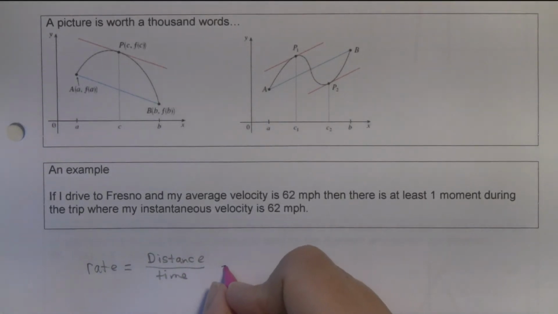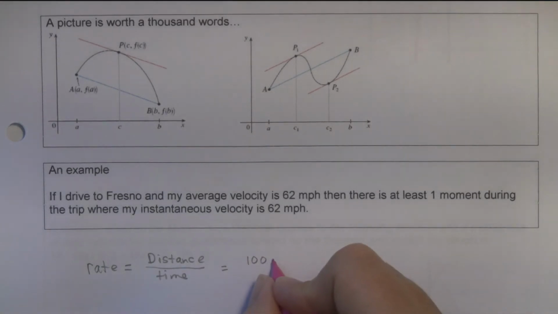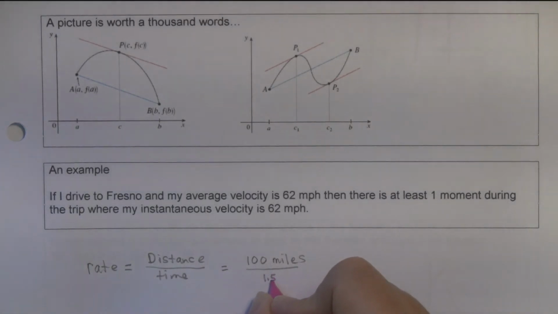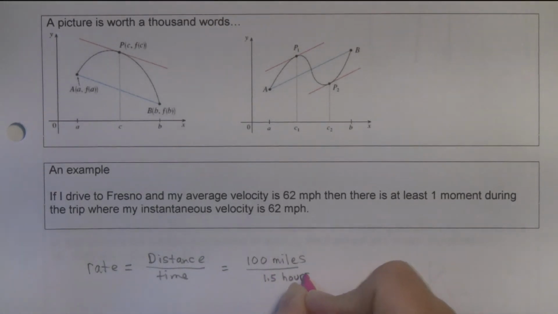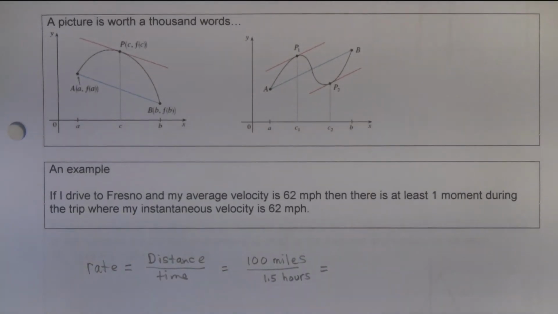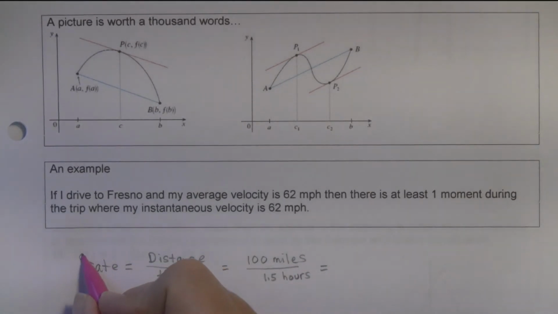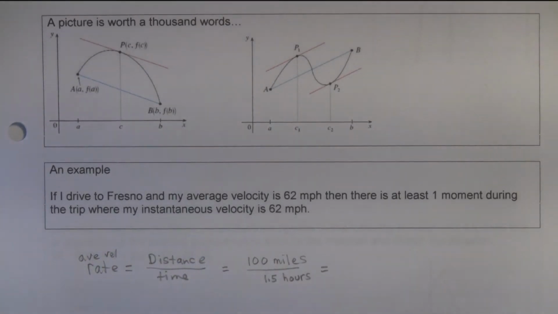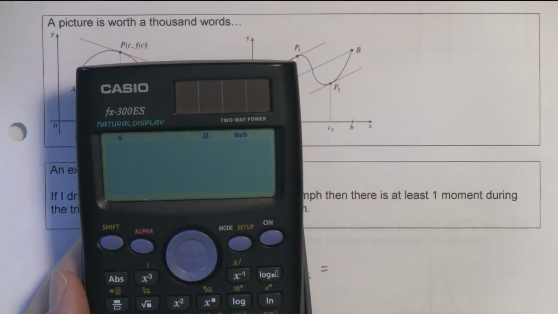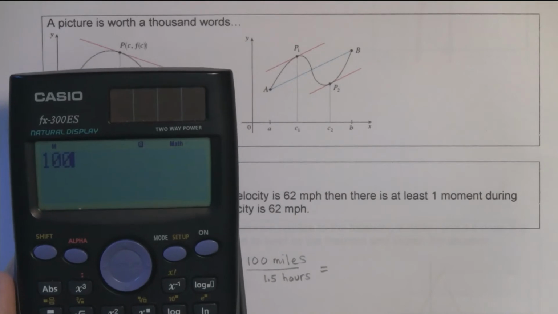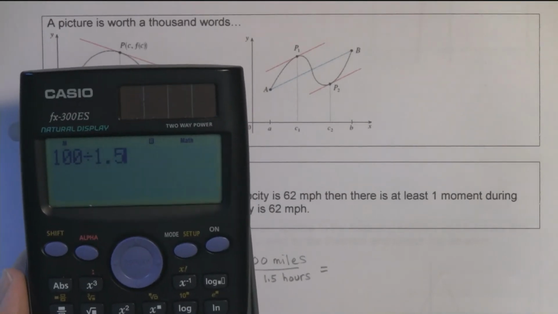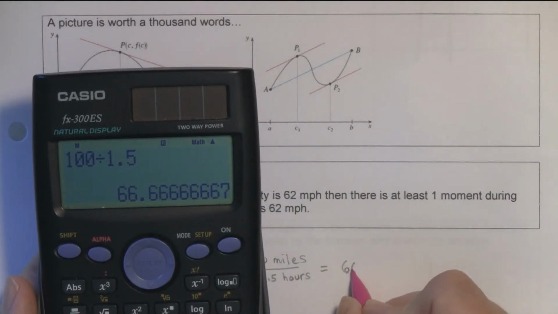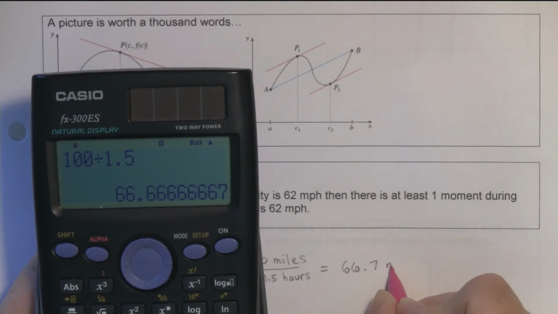So if I said that I traveled 100 miles, and let's say it took me 1.5 hours to do that, then my average velocity, which I called rate because that's what you do in algebra class, would be 100 divided by 1.5, which is equal to 66.7 miles per hour.